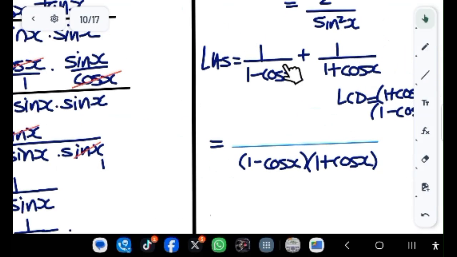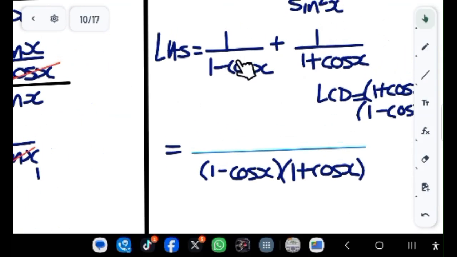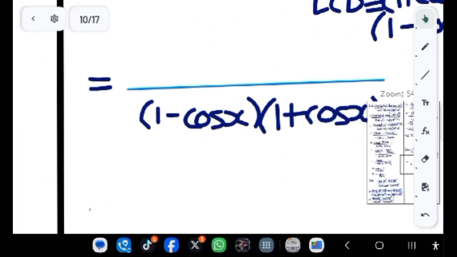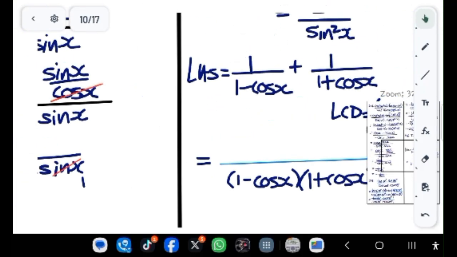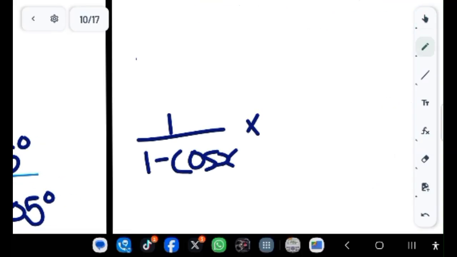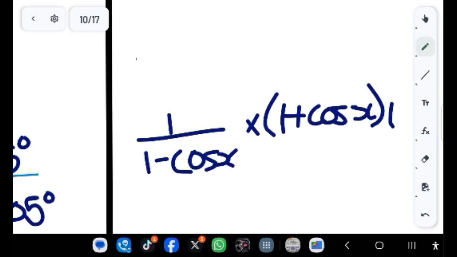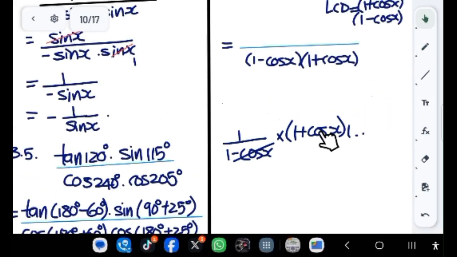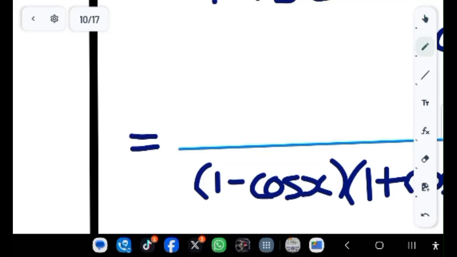And the top will be, take the LCD and multiply by each one of the fractions. So when we take 1 over 1 minus cos x and multiply by 1 plus cos of x, 1 minus cos of x, the 1 minus cos of x cancel out, and we're left with 1 plus cos of x.